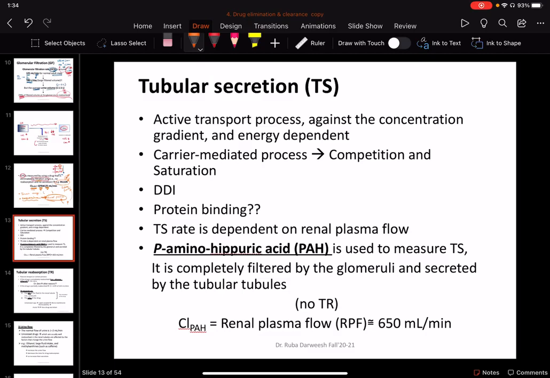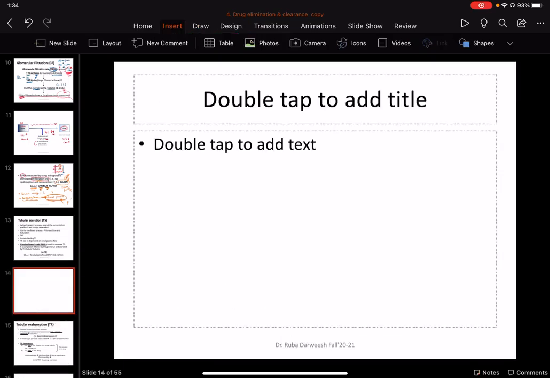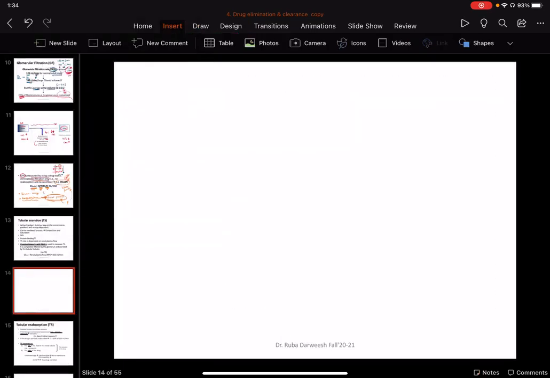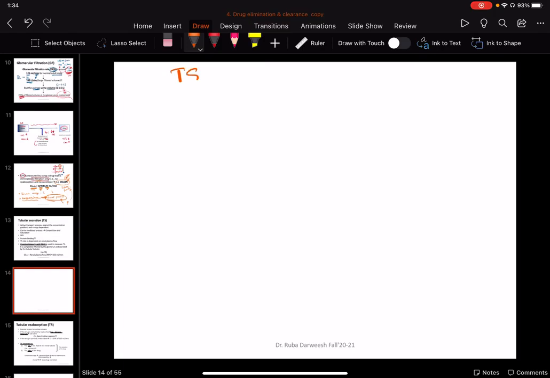For tubular secretion, one of the differences when we compare it to glomerular filtration is, first, that it's not passive, which means it's an active process by default. So we need energy, okay?